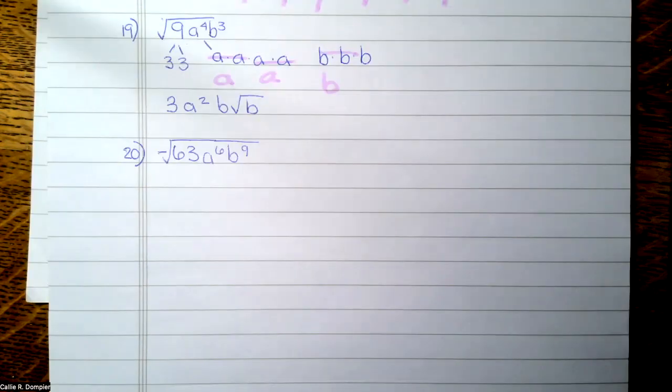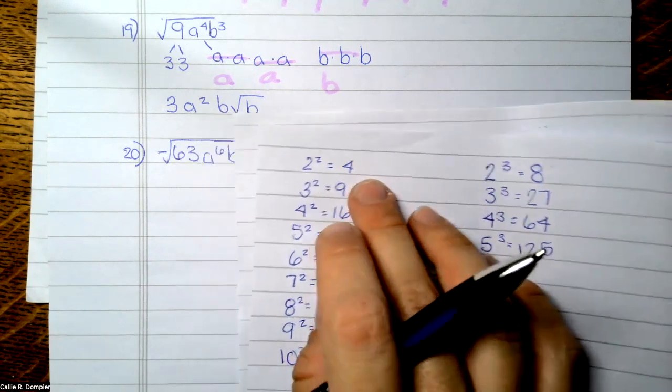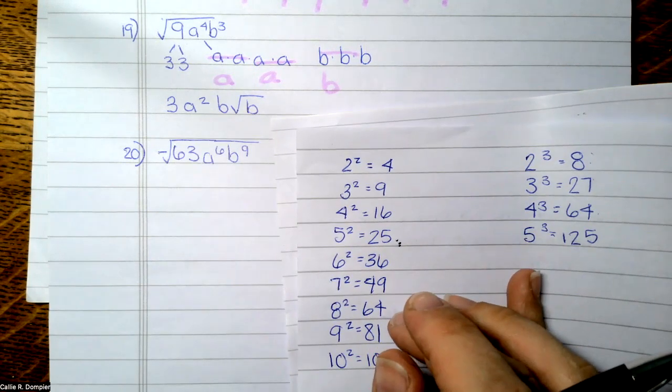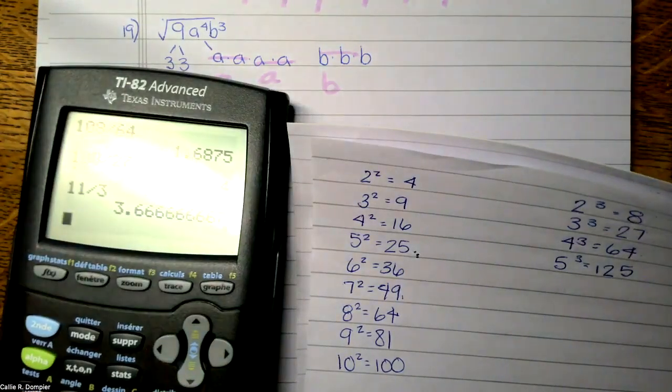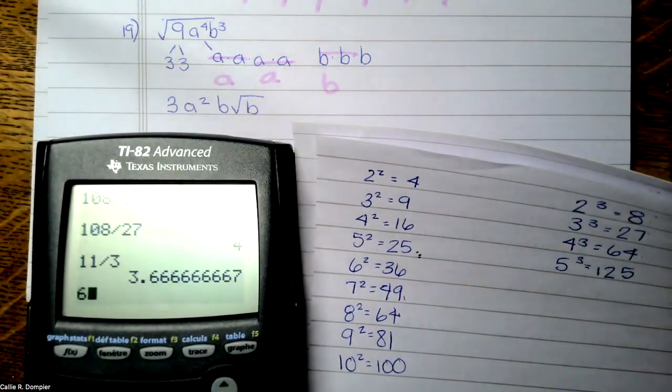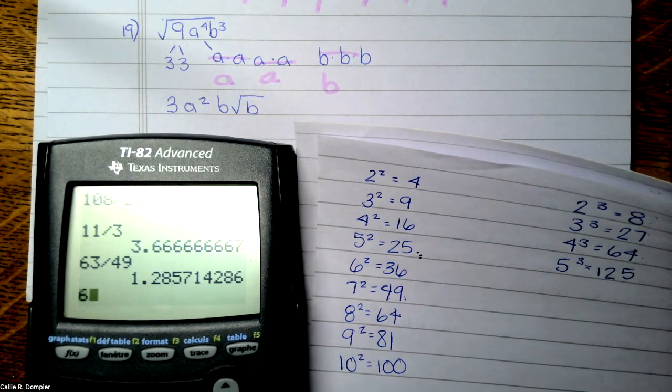20 is negative 63a to the 6th b to the 9th. So let's look at 63 and our perfect squares. Can I divide it by 64? No. 63 divided by 49? No. 63 divided by 36? Close. 63 divided by 25?